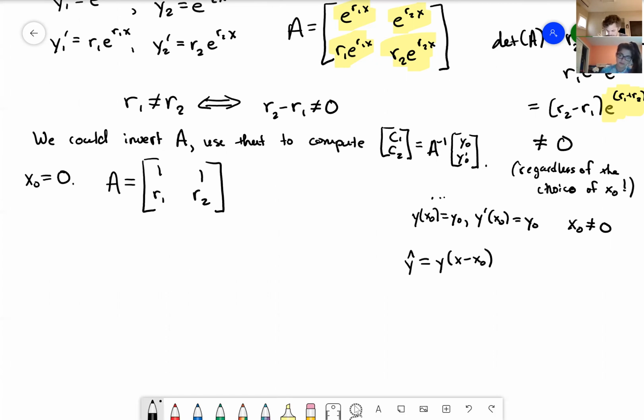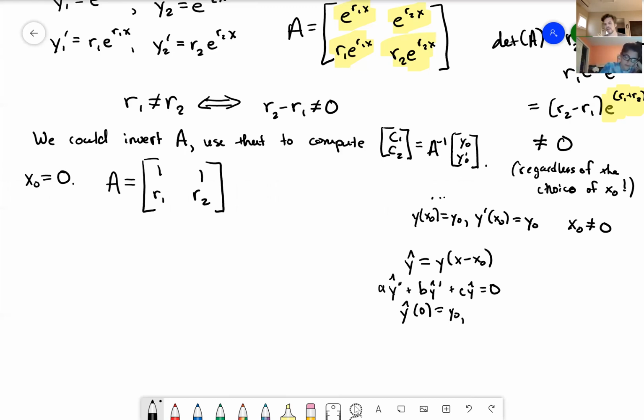And this would have the effect that we would have a different initial value problem, but it would just be in terms of y prime, because whenever we take the derivative, the derivative of this thing on the inside is just 1, so the chain rule means that our ODE wouldn't change. So we would just be replacing y with y hat. And our initial condition now would be y hat of 0 is equal to y0.